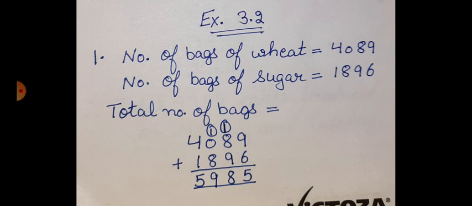Now we have to find out the total number of bags. So total number of bags is equal to, we will add both these numbers, 4089 and 1896. So the answer will be 5985.